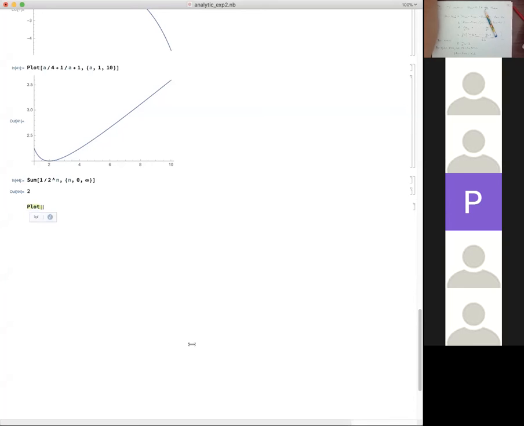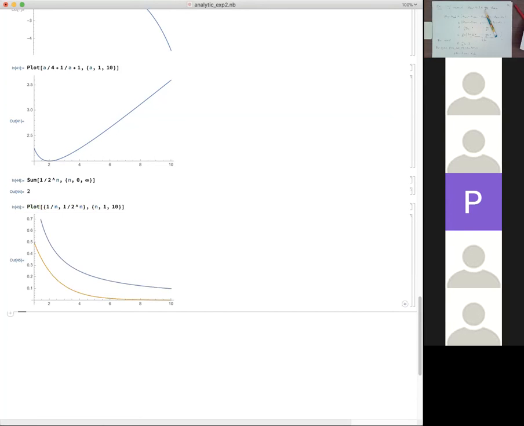If I were to plot 1 over n, and then the other one, 1 over 2 to the nth, and plot these two next to each other with n going from 1 to 10, one goes to 0 much faster than the other.